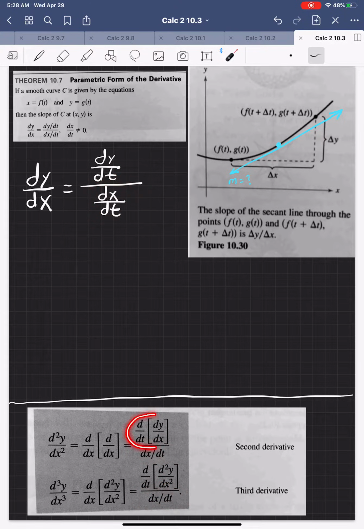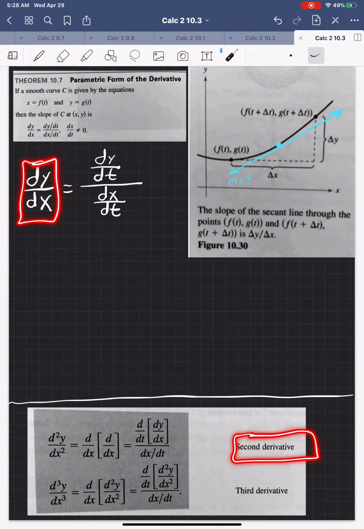But the numerator is different. So what we end up with is, this is what's important. So let's do this. Define the second derivative. You have to know the first derivative, because you're then going to take the derivative, with respect to t, of dy/dx.